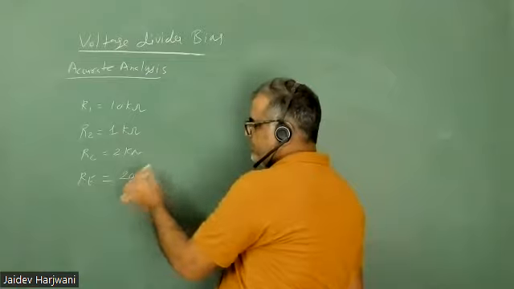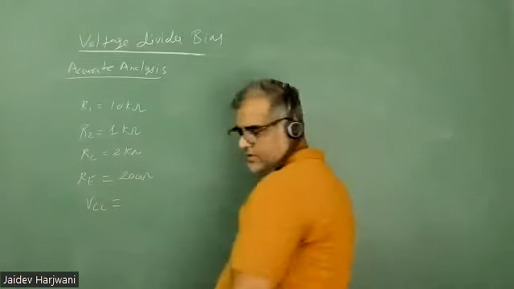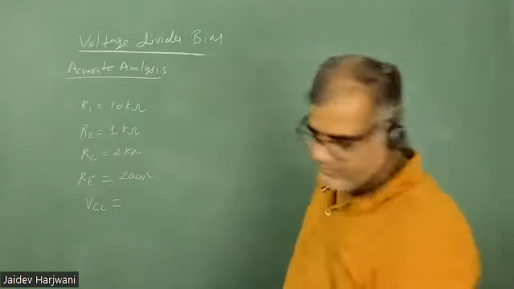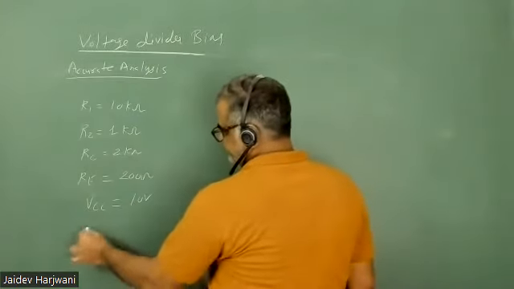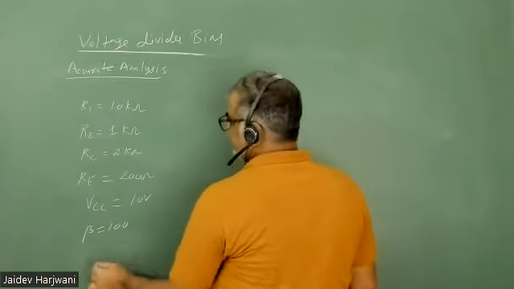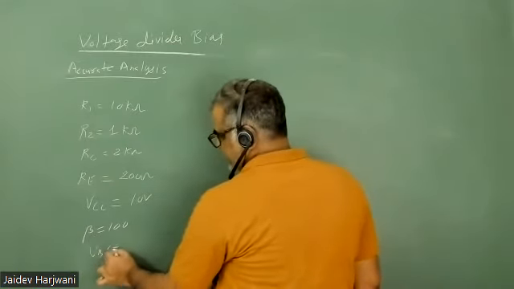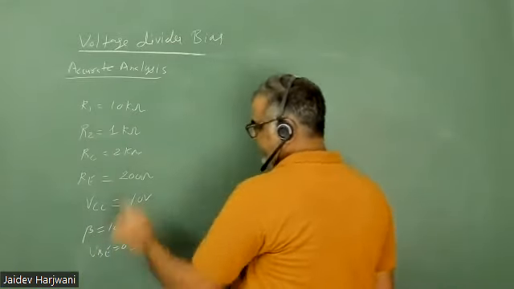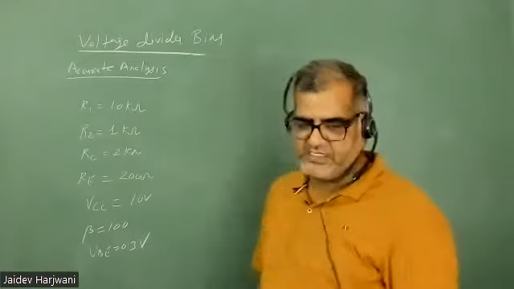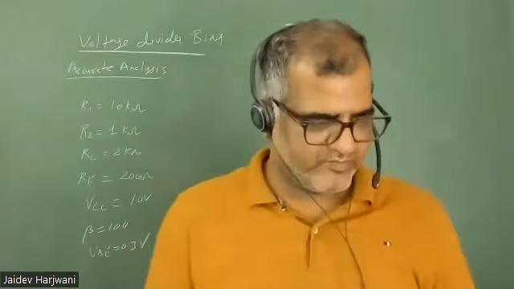VCC is given in the question as 10 volt, beta is 100, and VBE is 0.3 volt. So solve the circuit for this one. What will be the operating point?